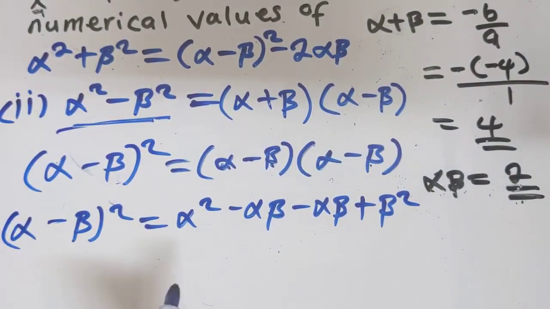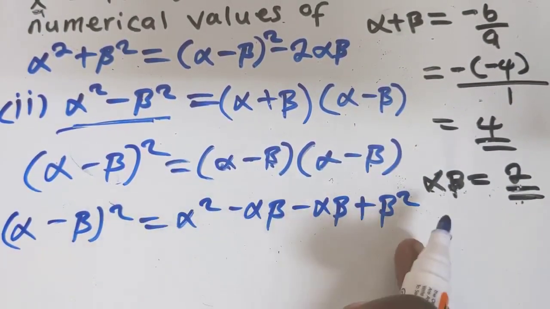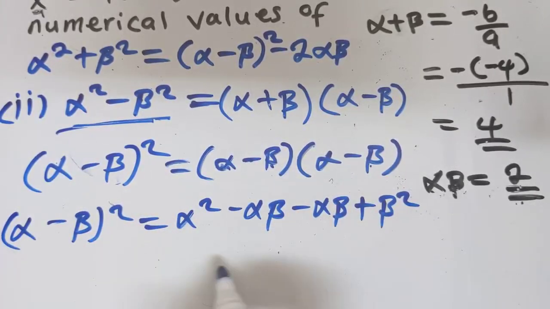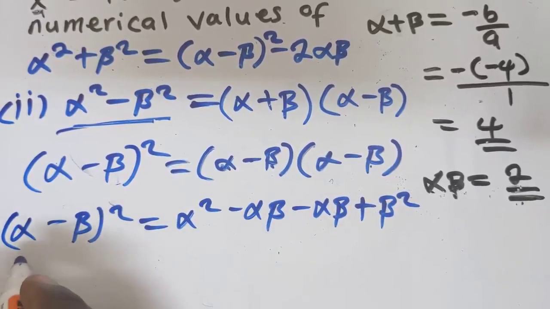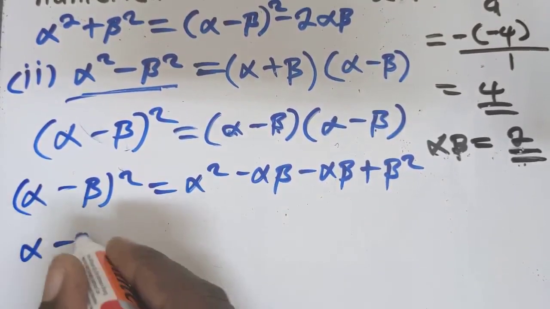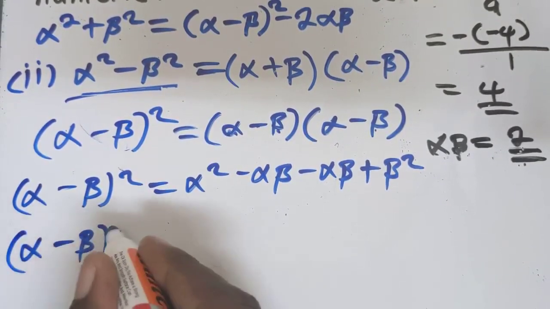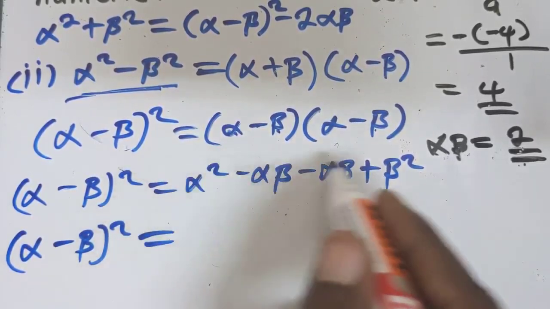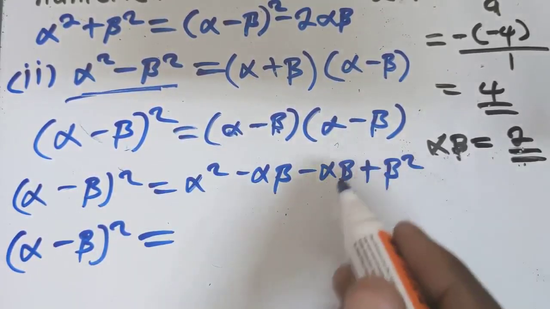Okay, let's collect the like terms here. So we are going to have alpha minus beta squared equal to the like terms. This one is a like term of that one according to alpha beta.